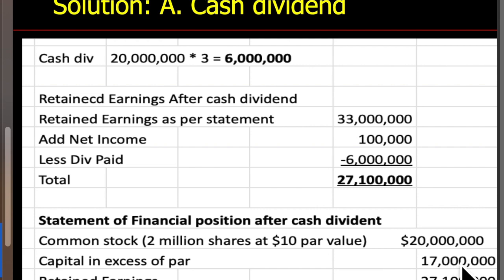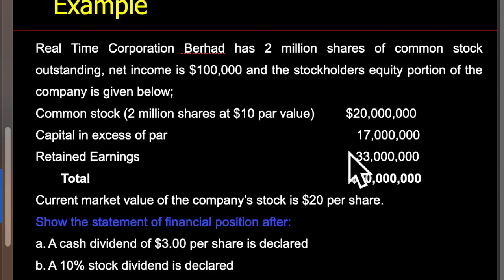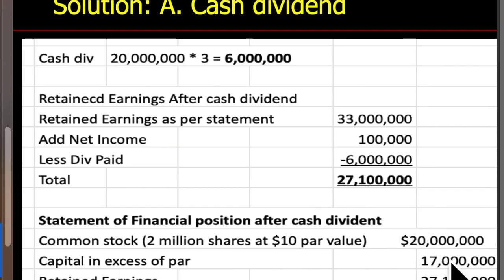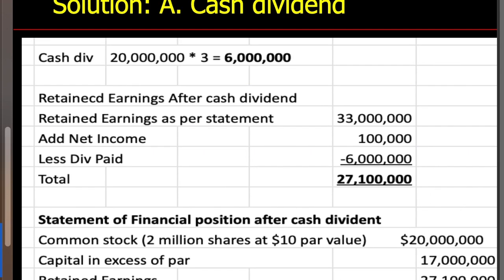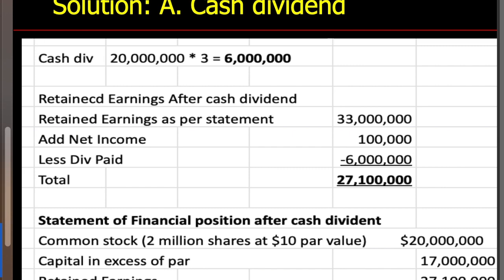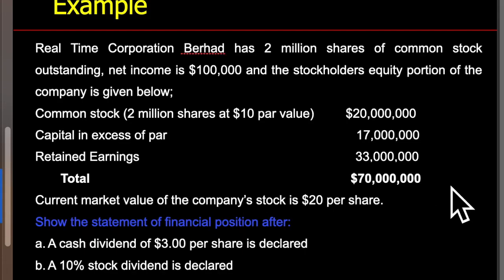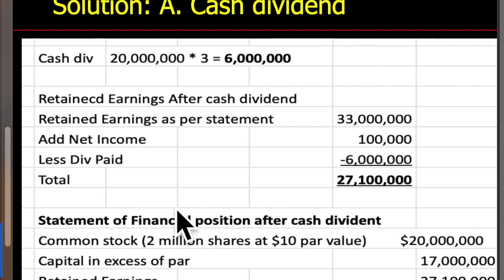And retained earnings now changes to the current one. So retained earnings, 33 was the previous amount, but now we are using the current adjustment, which is 27,100,000. So when you add all of this, our balance sheet size becomes 64,100,000. Before it was what? 70 million. So it reduces the size of our balance sheet. This is the effect.